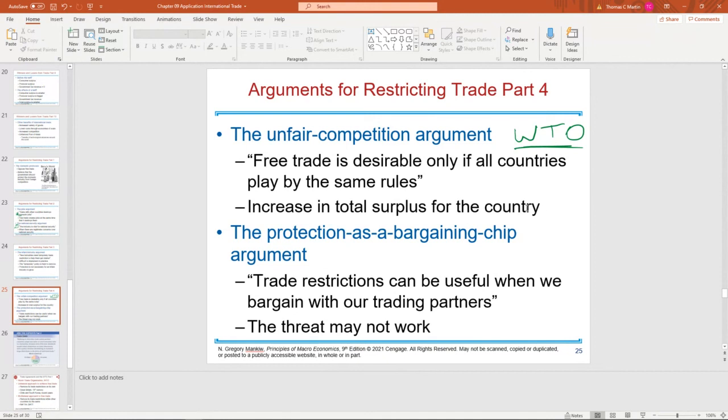Now, sometimes we can have restrictions, or we need protections, a bargain chip argument. We put tariffs on a large quantity of China's products, and some of them may have been necessary, some may not have, but they are all part of the bargaining chip.